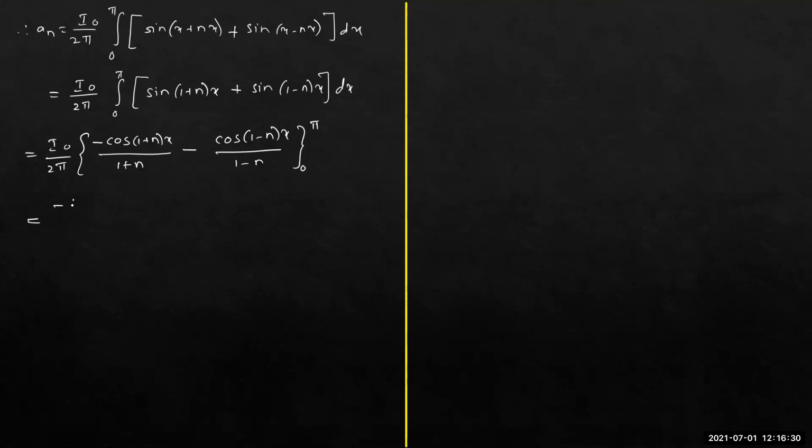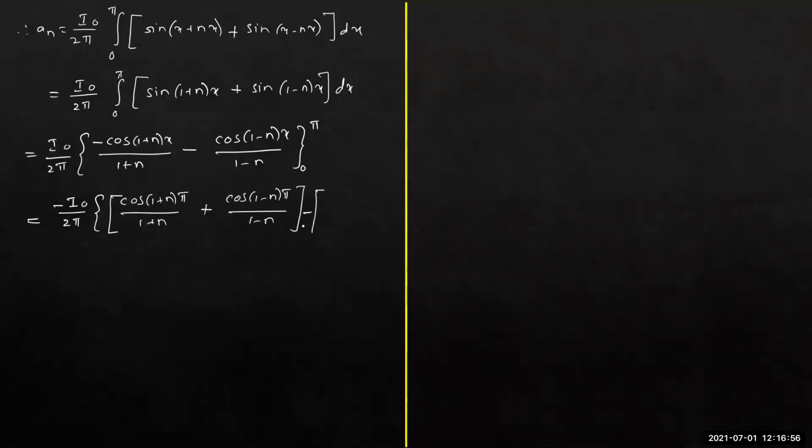So we'll get now minus I naught by 2 pi into, see what happens when you substitute the limits. For the upper limit, if you take pi, we'll get it like this: cos of (1 plus n) into pi divided by 1 plus n, then plus, because we have taken minus common, here also it is cos of (1 minus n) into pi divided by 1 minus n. This is for the upper limit.